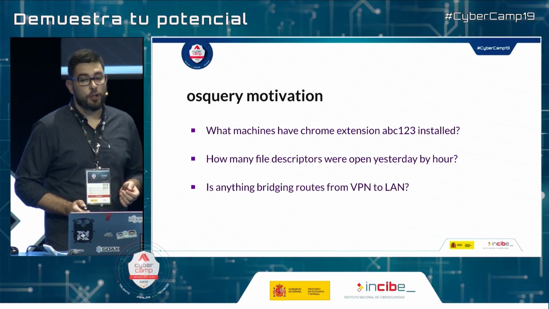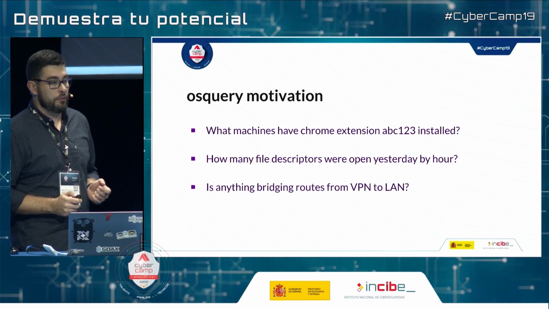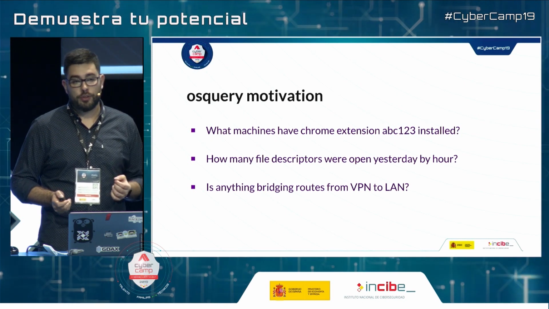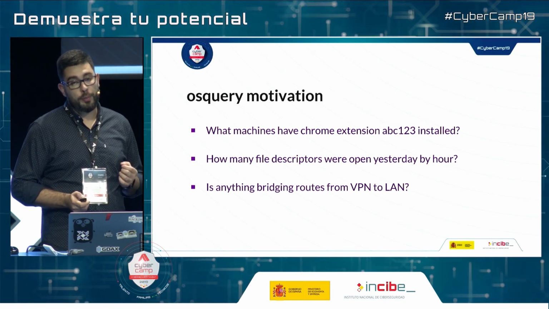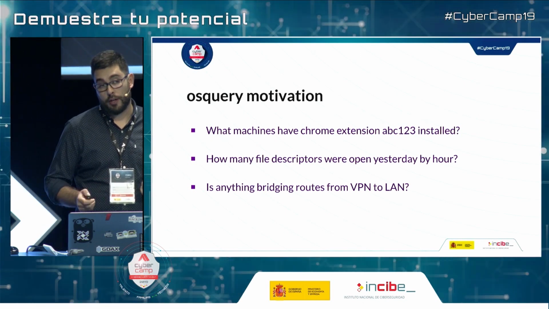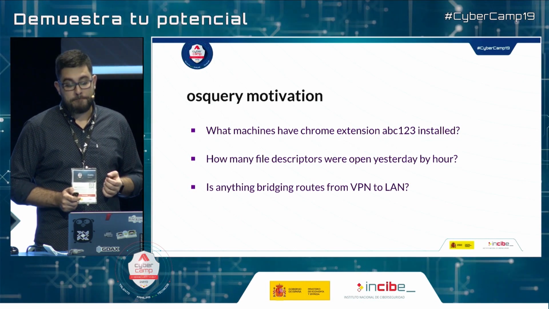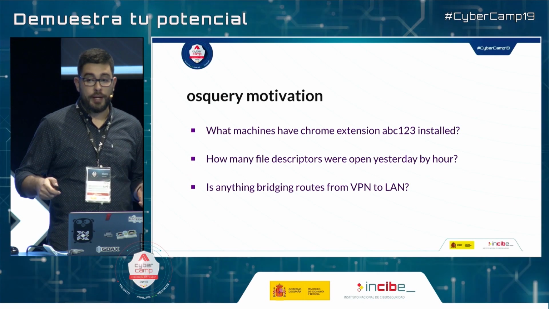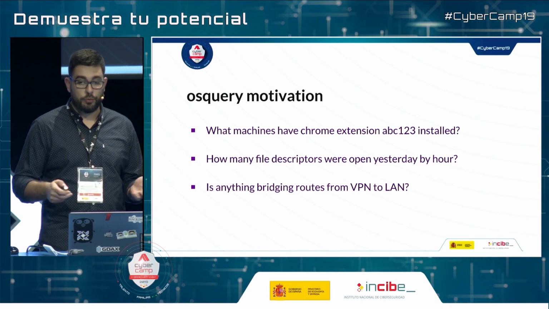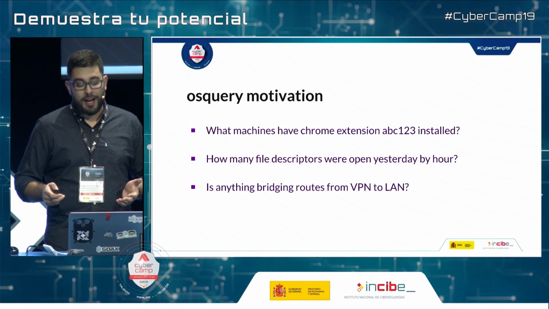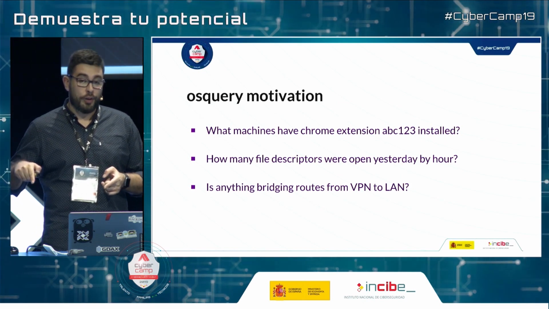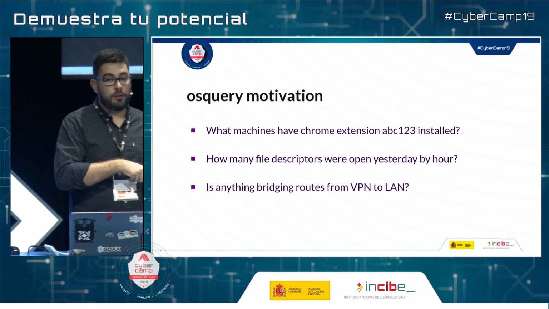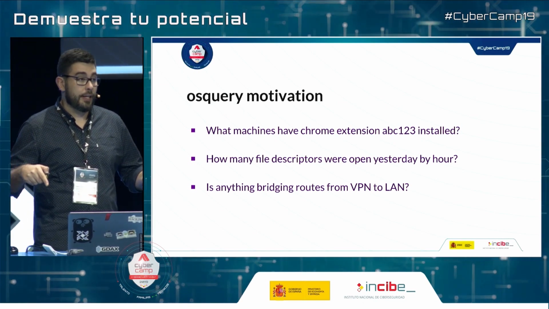How many of these have an extension with a given identifier? How would you be able to retrieve that information? How many file descriptors were opened yesterday in the production environment every hour? Or, for example, if you have a full bridge VPN in your corporate network, is there a system that is routing that VPN to your local network? How would you check that?